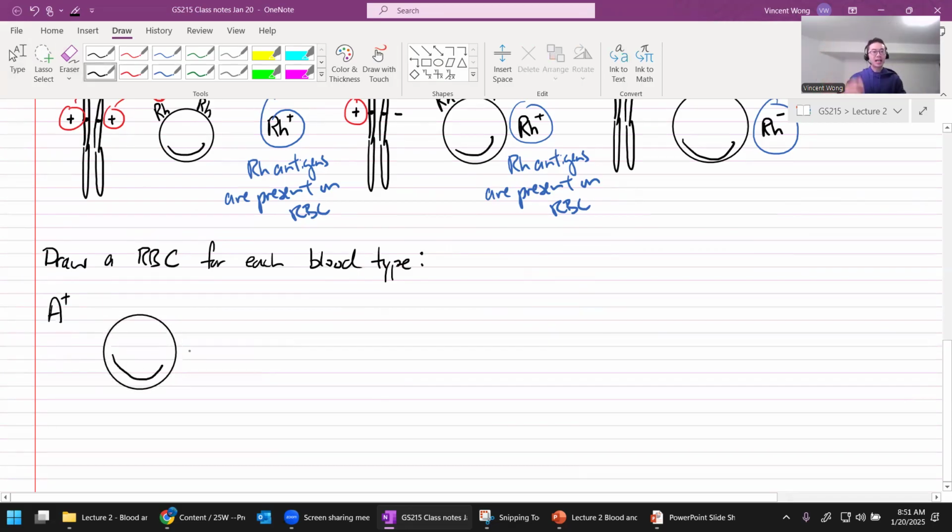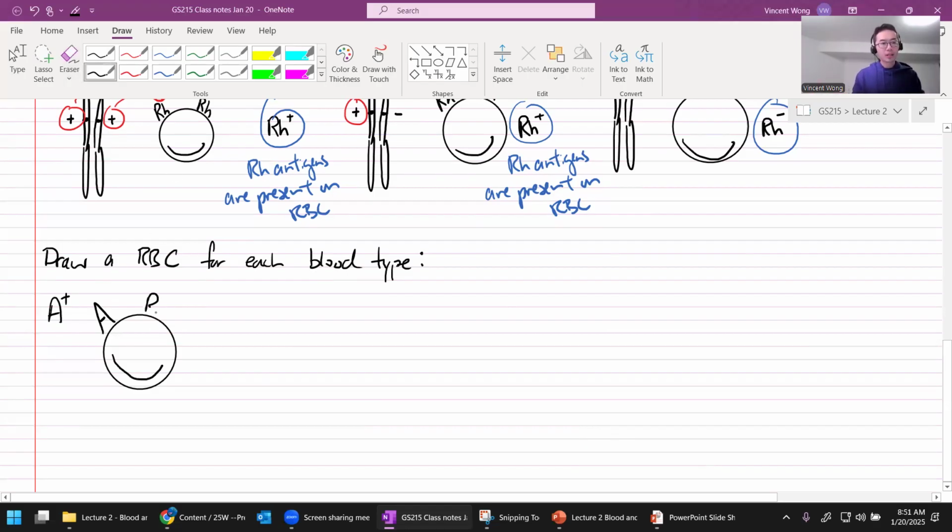If a person is A positive, what would be on the surface of the red cell? Well, A means there will be A, right? And what does positive mean? What else is going to be on it?